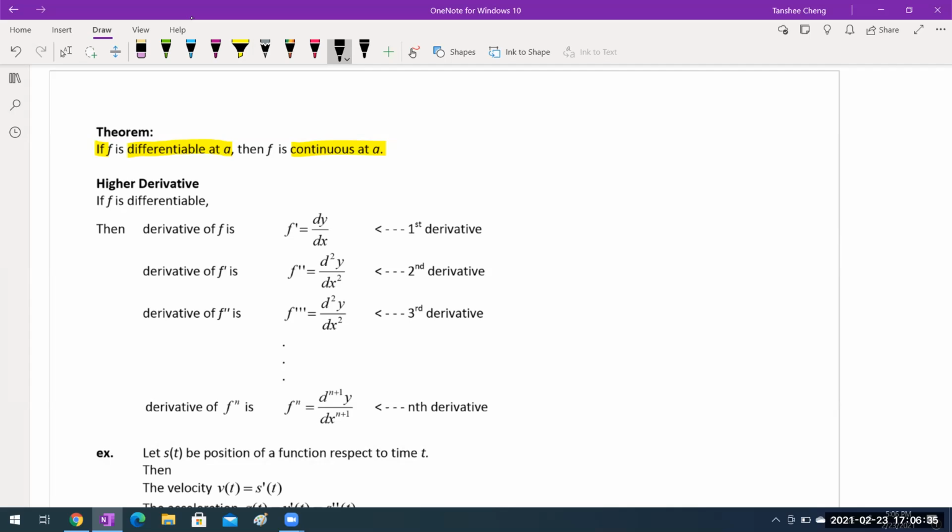Another thing that we want to look at is, can we differentiate these operations over and over again? This is what we want to talk about, higher derivatives, and they have meaning too. When we talk about the first derivative, we use f prime, that is dy over dx.